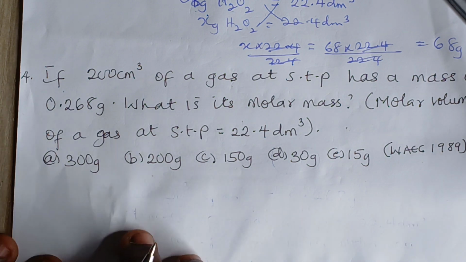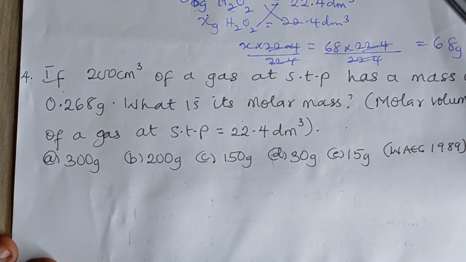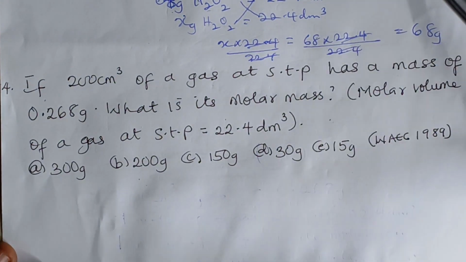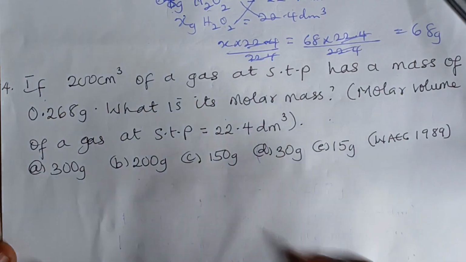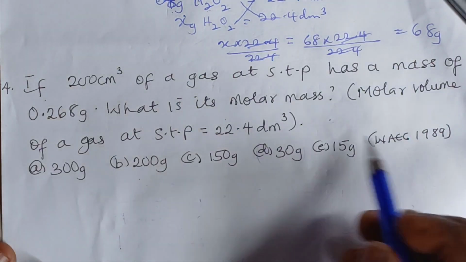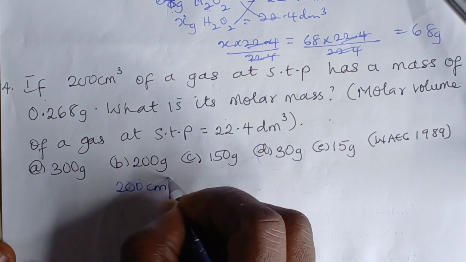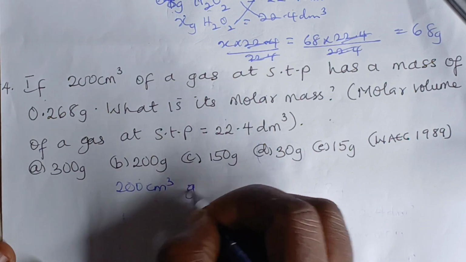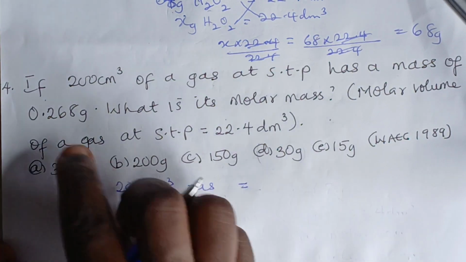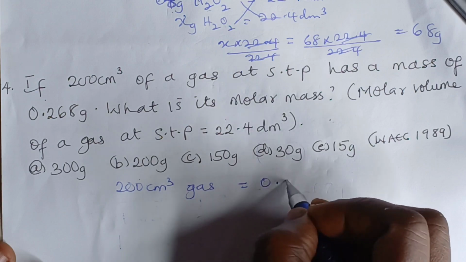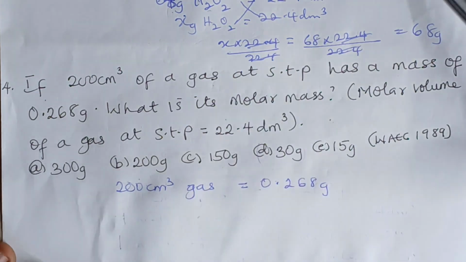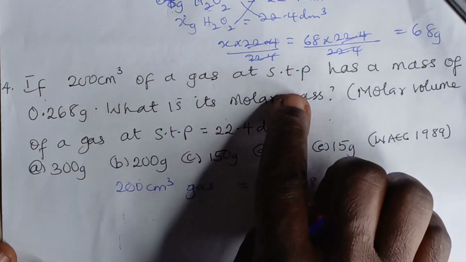That is, 1 mole of a gas occupies a volume of 22.4 dm cube. So 200 will occupy what? So from this question, we have volume and mass. So 200 cm cube of a gas from this question has a mass of 0.268 grams. We want to know the molar mass.